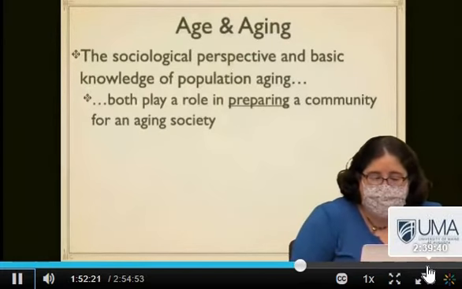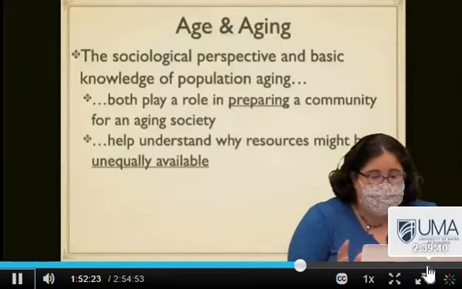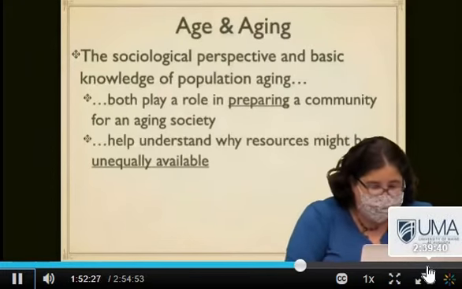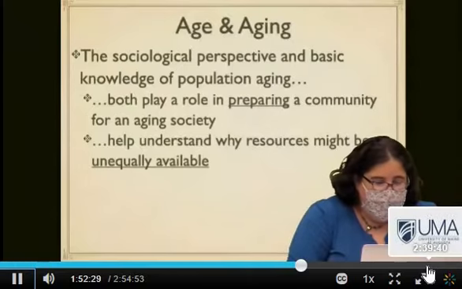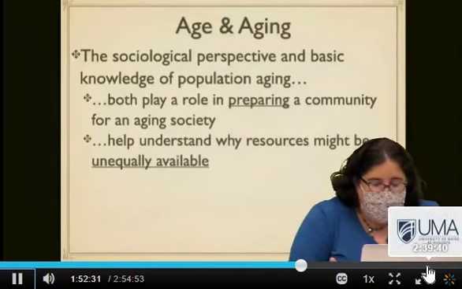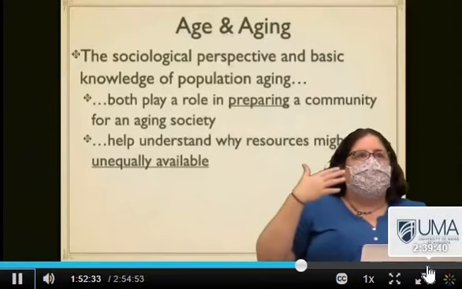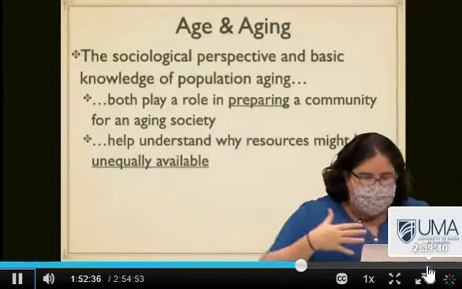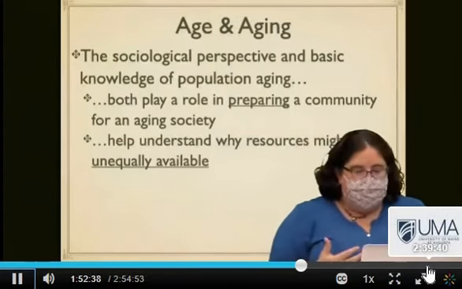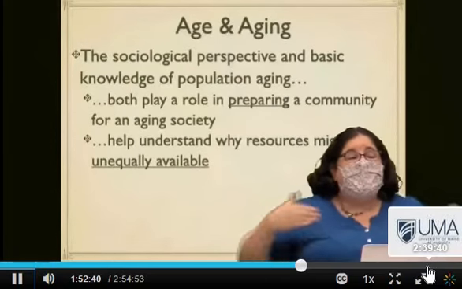The perspective and basic knowledge of population aging can also help us understand why resources might be unequally available. What we know about the social forces affecting the elderly can also help us support our older family members, right? And ourselves as we age.